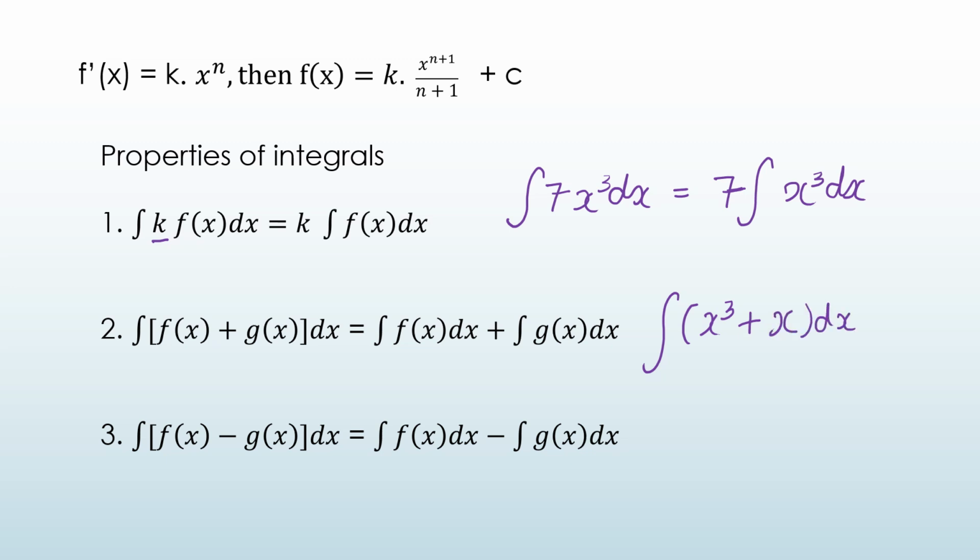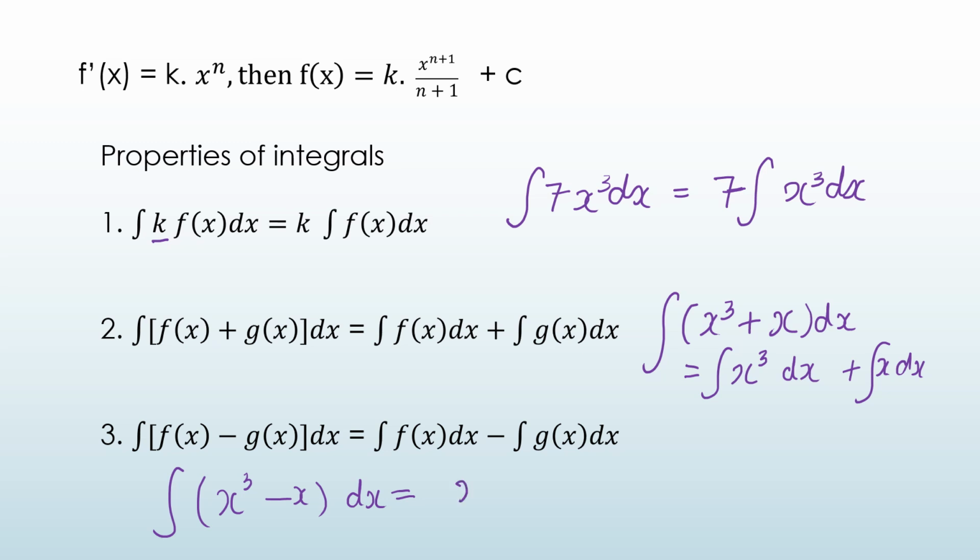Based on property number 2, you can split these functions up. That's x cubed dx as one function and x dx as a second function, and individually you can integrate these functions. A very similar property deals with subtraction, the difference between two given functions. So instead of x cubed plus x, if you had x cubed minus x, you can integrate them separately.